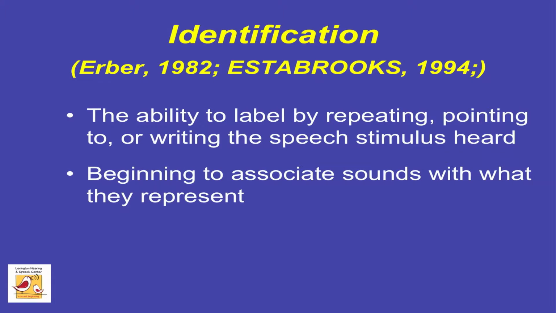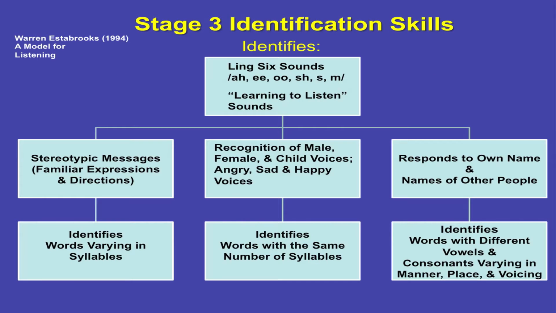Bye-bye, snake. The next level of listening is identification. Identification is the ability to label by repeating, pointing to, or writing the speech stimulus heard. The child is beginning to associate sounds with what they represent. Here are some identification skills to be developed.